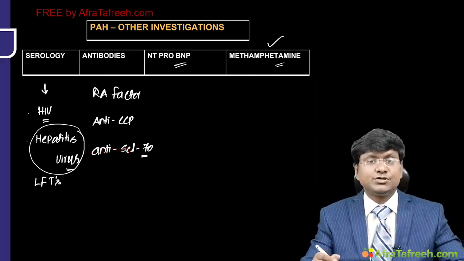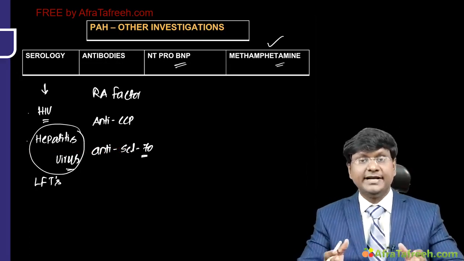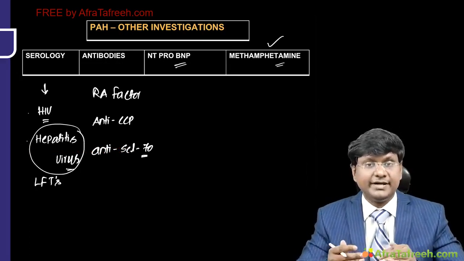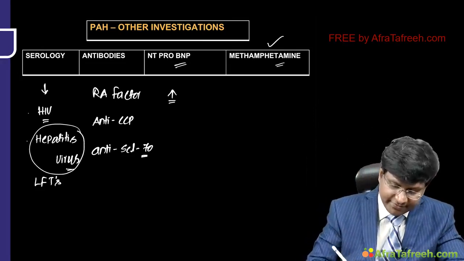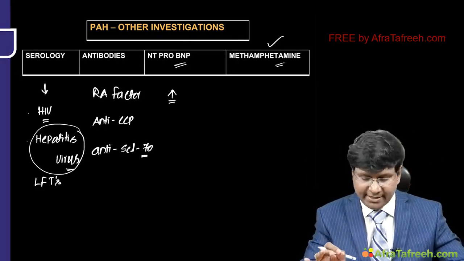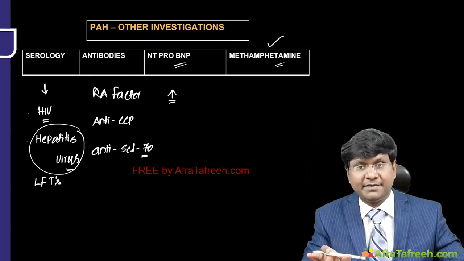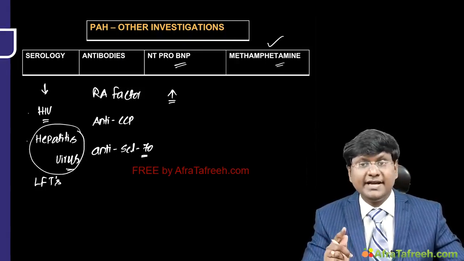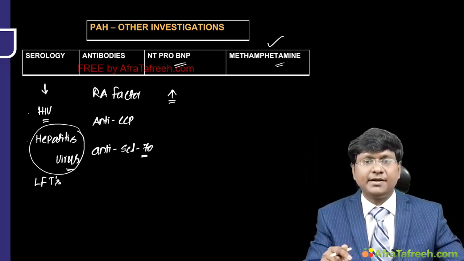Next is the level of NT-proBNP. See what is happening to the right ventricle. There is right ventricular stretch or right ventricular distension. So what will happen is there will be an increase in the levels of NT-proBNP. Right? BNP is brain natriuretic peptide, and NT stands for N-terminus propeptide, N-terminus pro-brain natriuretic peptide.